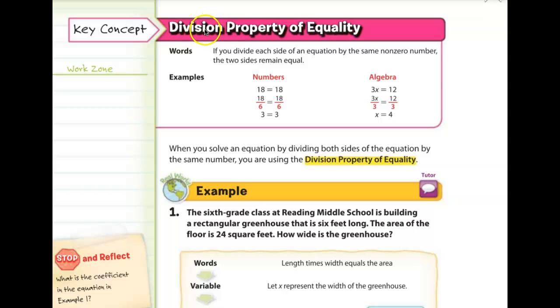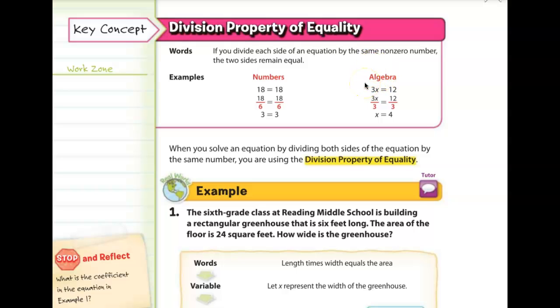Very briefly, the gist of it is just like in addition and subtraction equations, we use the inverse to make sure that the equation stays equal, but to solve for the variables. So if you were to divide both sides by the same number, it's going to continue to be an equation.